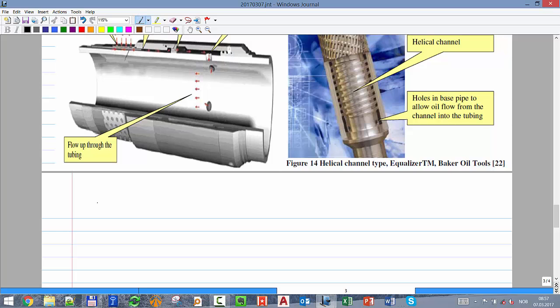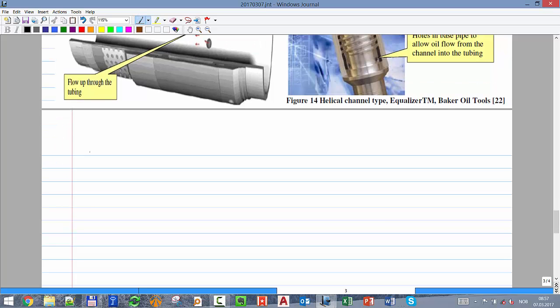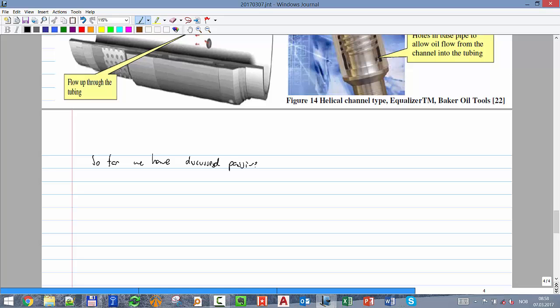So far we have discussed passive inflow control devices, because they will remain the same way along the life of the field.